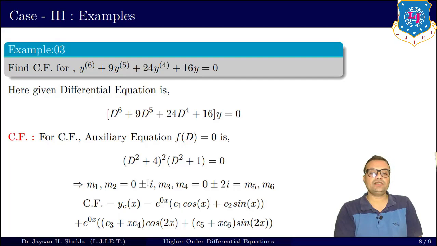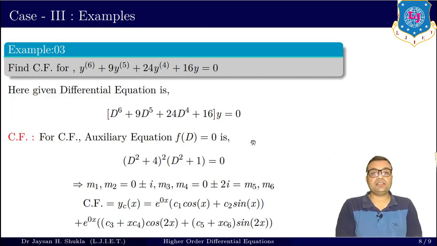Now taking another part for this repeated complex pair, it is e raised to 0x, in brackets, cos of 2x and sin of 2x, and for the repetition of the roots I am taking c3 plus x c4, c5 plus x c6. So this is how you can deal with repeated complex roots.